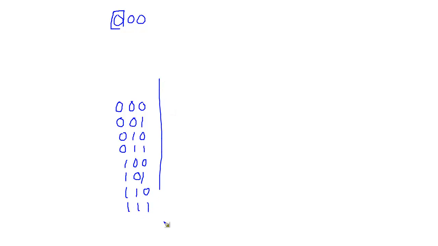Let's put the equivalent signed decimal value out here to the right. This is going to be a 0. Fair enough. And then this is a 1, and this is a 2, and this is a 3. So no surprises there.